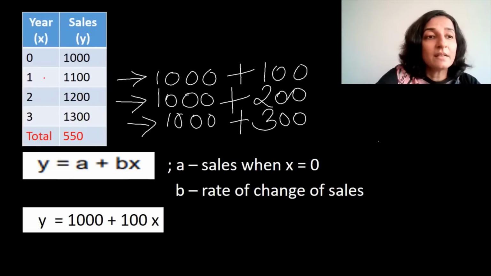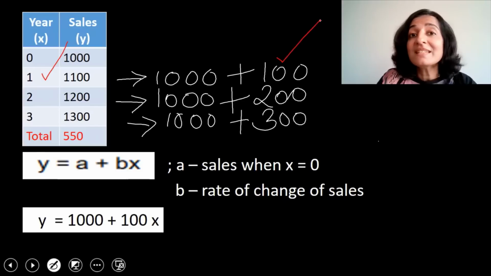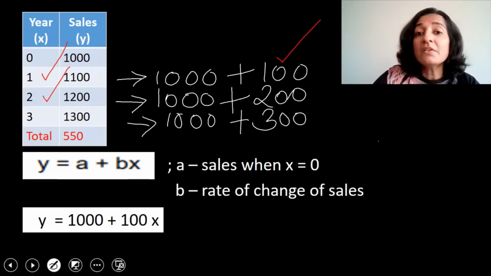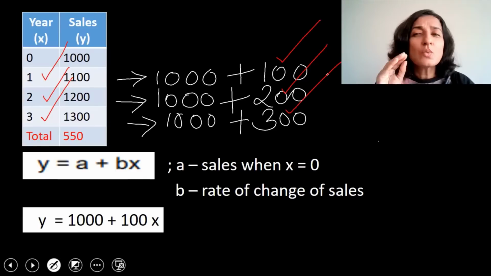You could say that the value of X, that is 1, multiplied by 100, you get the additional sales that you're generating. In year 2, it is 2 into 100 is the additional sales generated. And in year 3, 3 into 100 is the additional sales generated. So what is the rate of change that is taking place in sales?